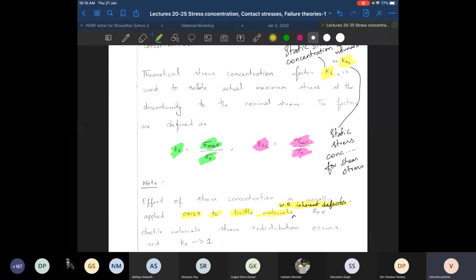For everything else, we take Kt to be equal to 1. That said, we are still interested in finding Kt and Kts for different kinds of geometric features because they will come in handy when we want to determine the fatigue stress concentration factor.